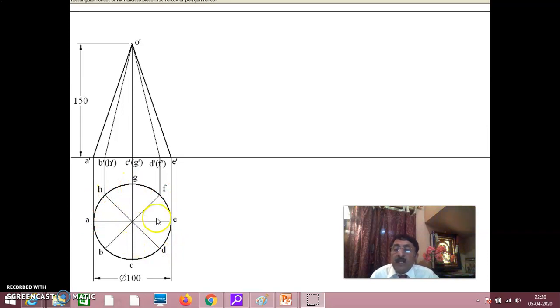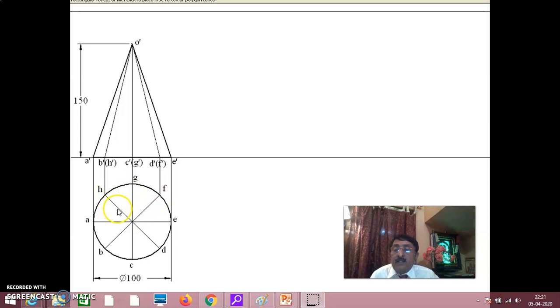In that way, I have divided this circle into 8 equal parts and hence I have got 8 imaginary edges here. Then get the corresponding front view, height 150. If you have taken a scale of 1:2, you take 75 mm. This is the apex point. You just join this. Only the outer boundary you darken, because these are all OA, OB, OC, OD, OE, OF, OG, OH.